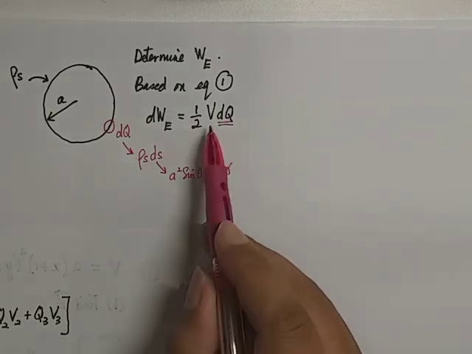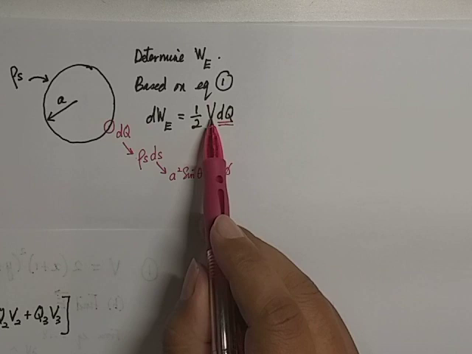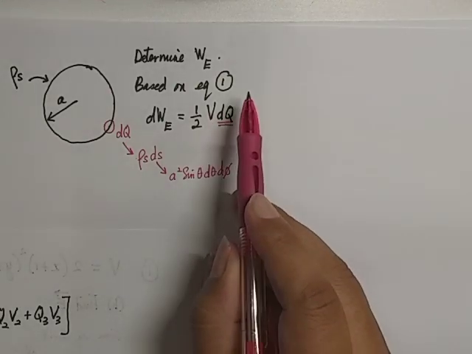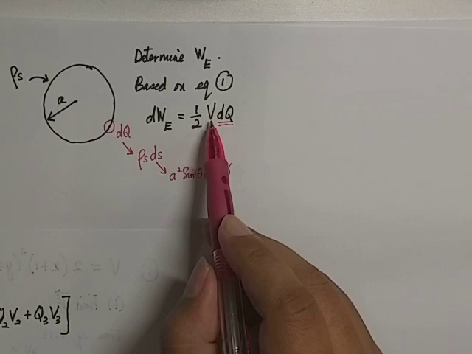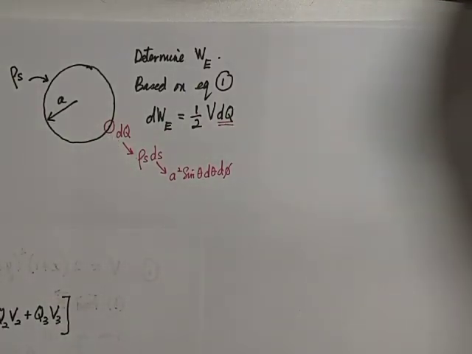Okay, how about the V? The V is known as absolute potential. When we talk about absolute potential, we know that the V must have a reference, where? At infinity. And we have solved the problem for the V. Remember, in region number 1, region number 2, so the V must refer to this position. Let's use that now.